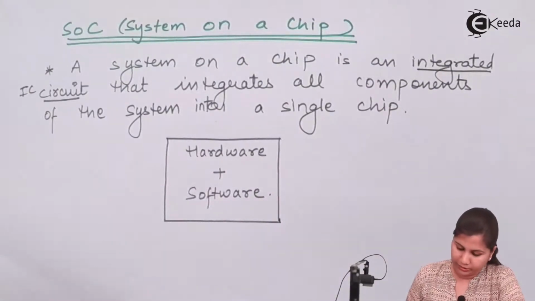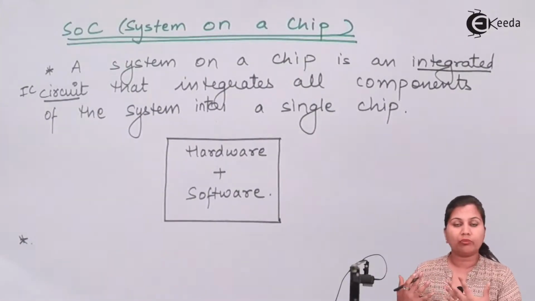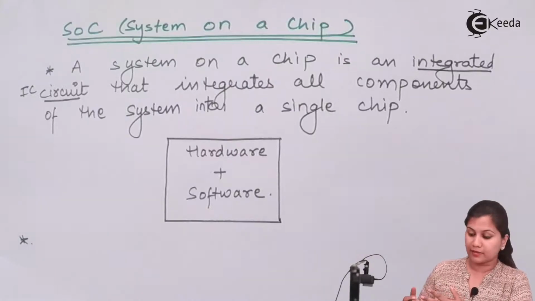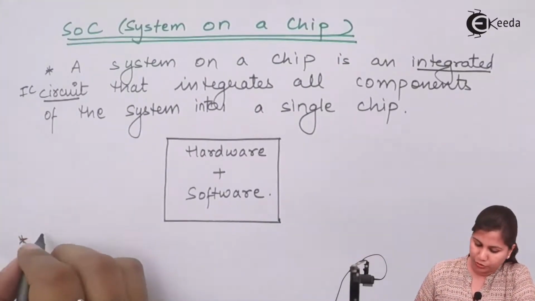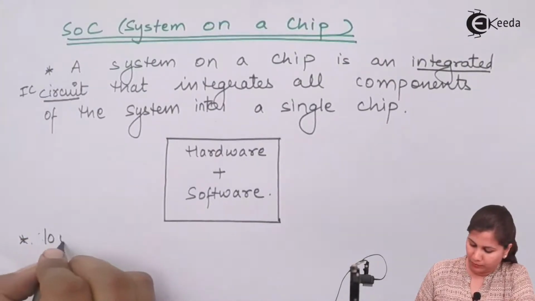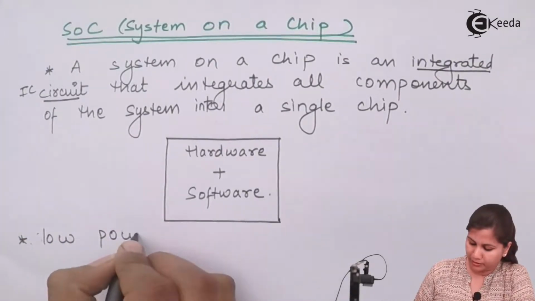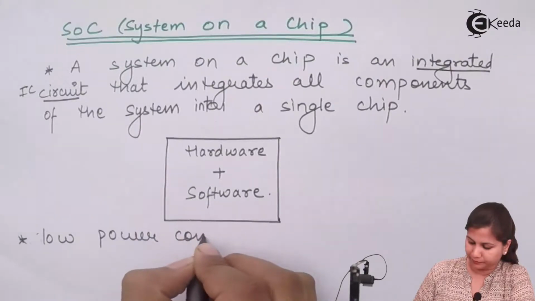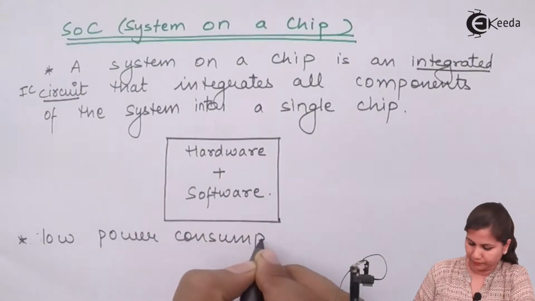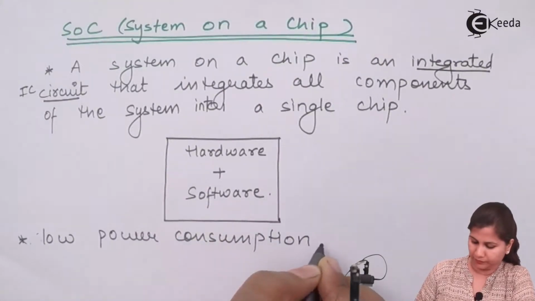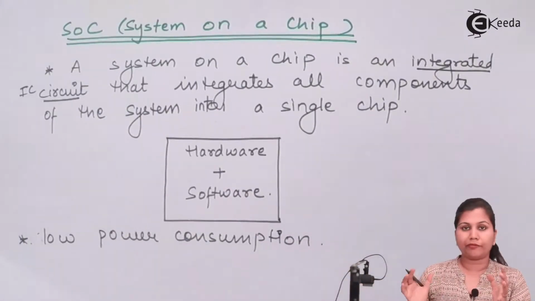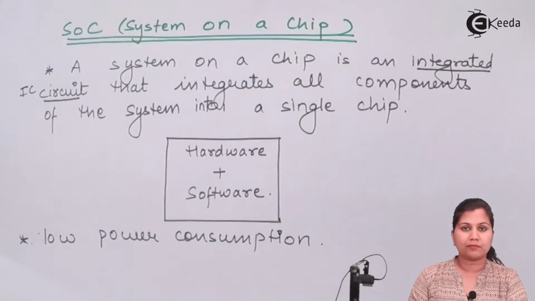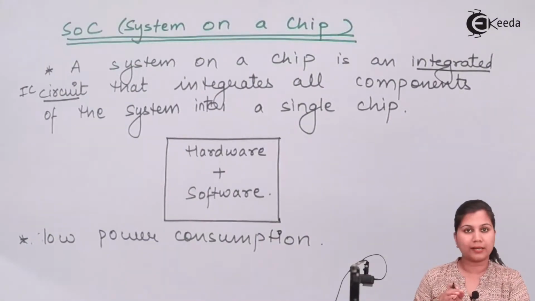Okay, then what is the advantage of using this system on a chip technology? This is going to provide low power consumption. Because if all the parts are present on the same system, the power consumption will be less.